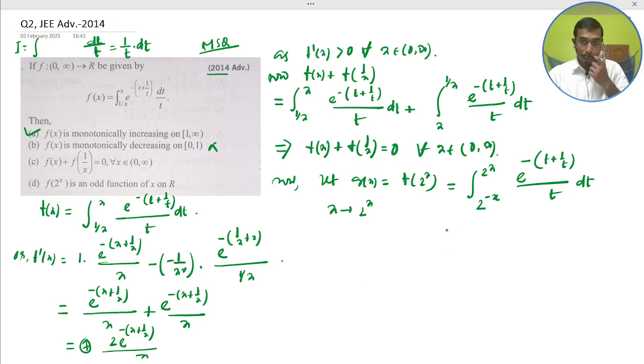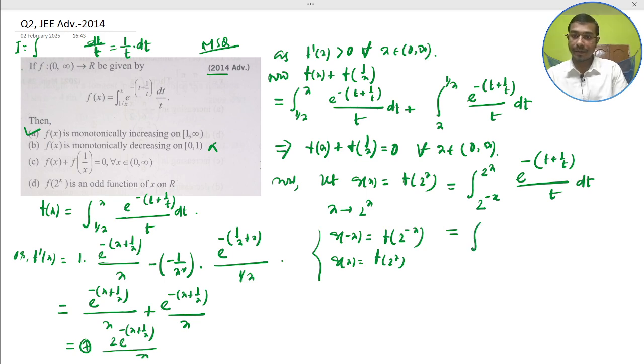Okay, so that would be equal to, here g of minus x would be f of 2 to the power minus x, and g of x, that is given already f of 2 to the power x. So this would become the integration 2 to the power x to 2 to the power minus x. We just change this integral, the limit, that exponential of minus t plus 1 by t divided by t into dt, that should be the minus of gx.